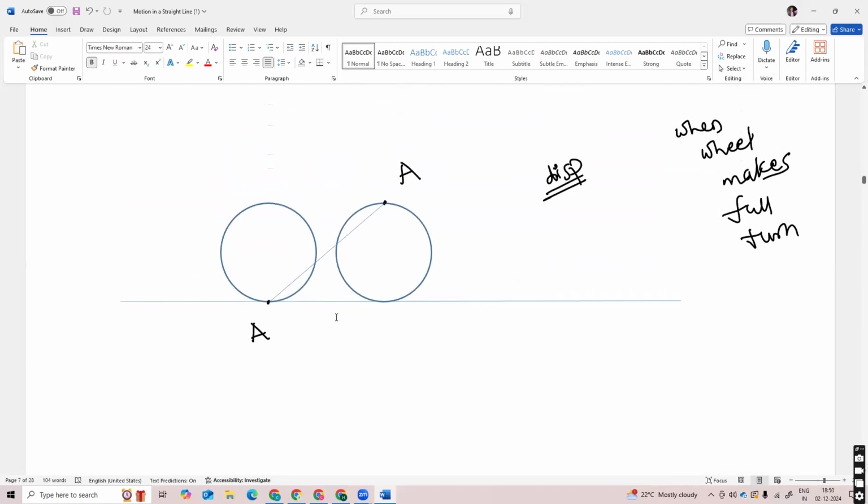Since they have asked us the displacement of point A on the wheel, point A has moved from this point to this top point when it has made a half turn. So this distance is half of the perimeter, that is pi r.